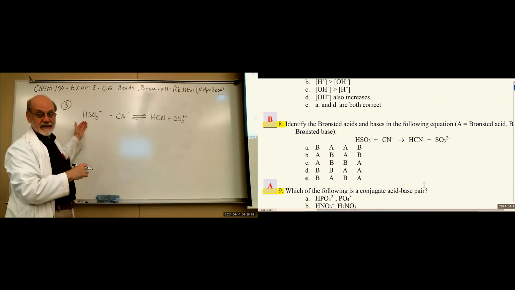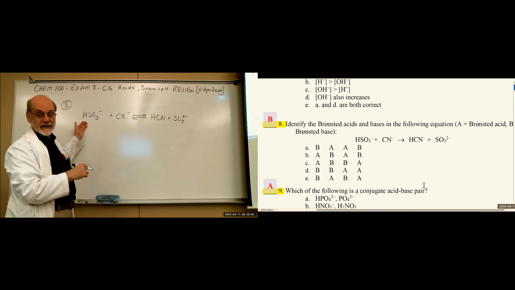If this is weak as an acid, this is strong as a base. And what we mean by a strong base is the base is looking for protons and it will get them wherever it can. If you add hydrogen ions, they'll definitely react with that strong base. Okay, so this one is also true.